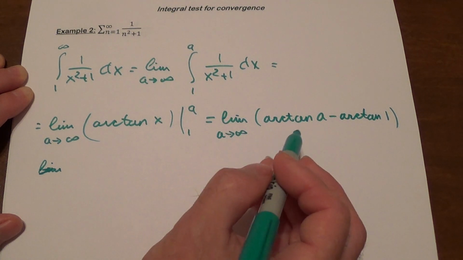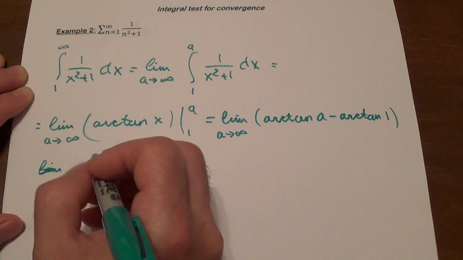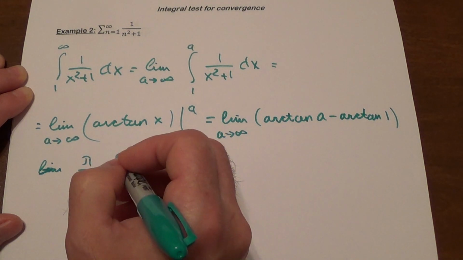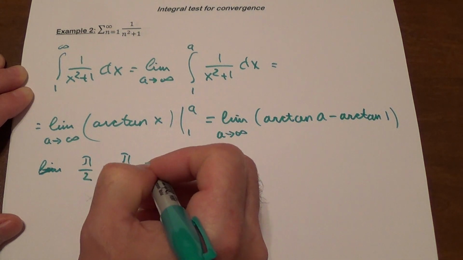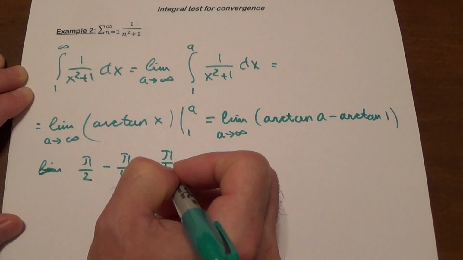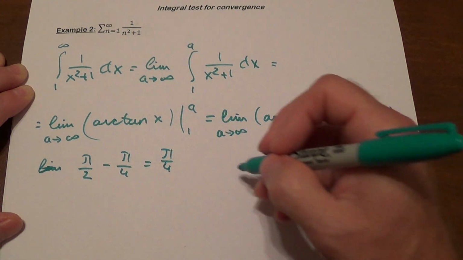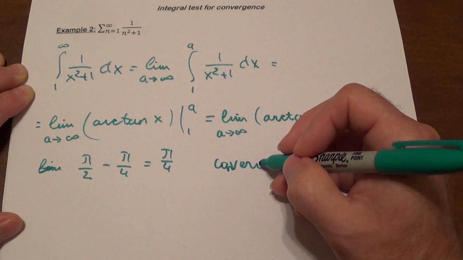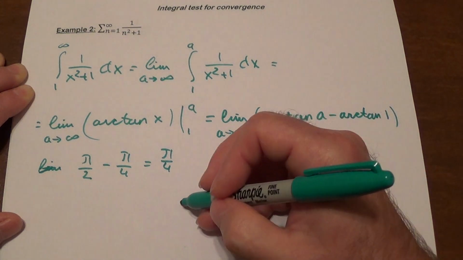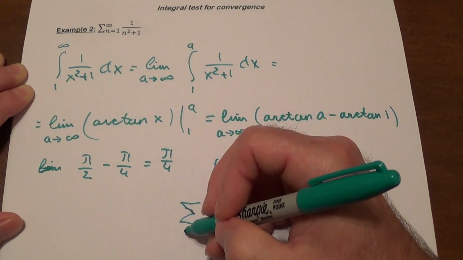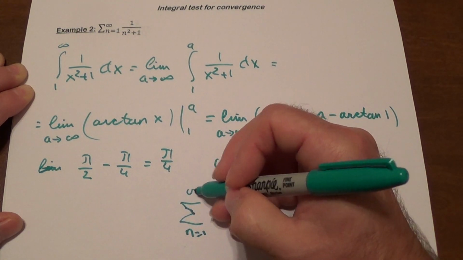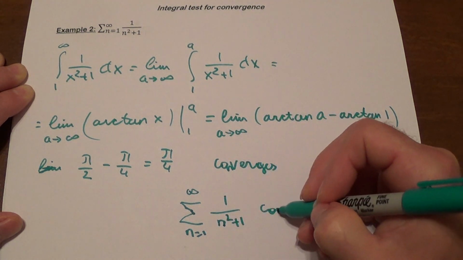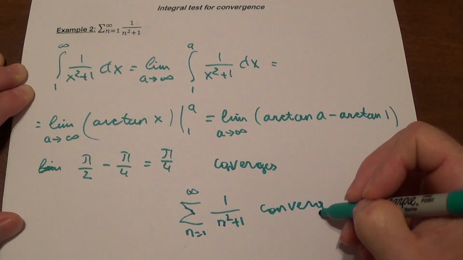As a goes to infinity, arctangent of infinity is pi over 2. And arctangent of 1 is pi over 4. So it gives us a finite value of pi over 4, which means it converges. So we know that the sum from 1 to infinity of 1 over n squared plus 1 converges.